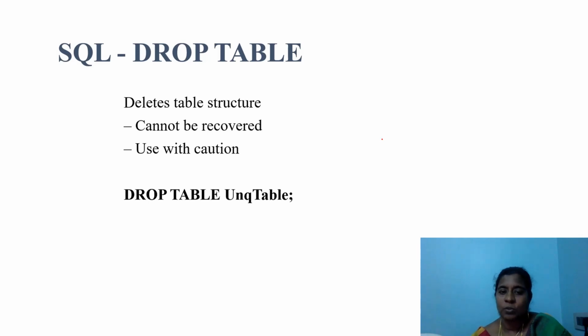For example, assume that we have a table called unique table, and if you wanted to drop the table, then you have to use the command called drop table. You got it? But please be careful in using this particular command. Thank you.